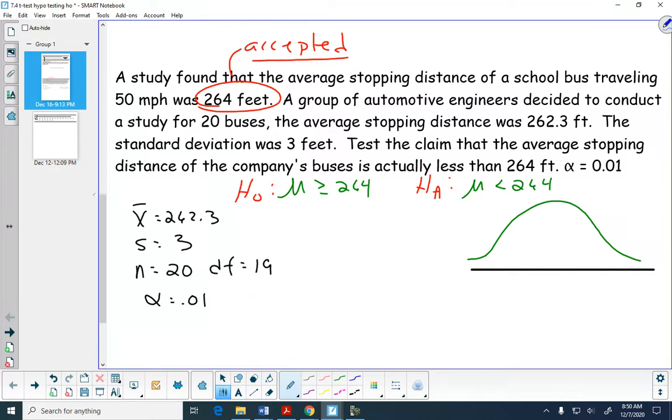What's your arrow showing to? Is it showing left or right? Left. So this is going to be one tail, and it's going to be left. So I'm going to throw my critical value over here on my left-hand side, because I have a one tail and it's going to be left.